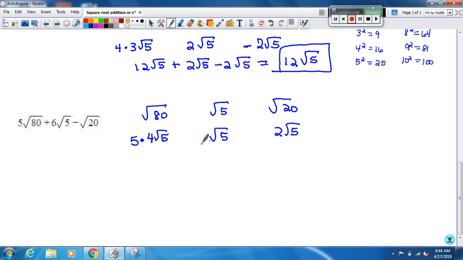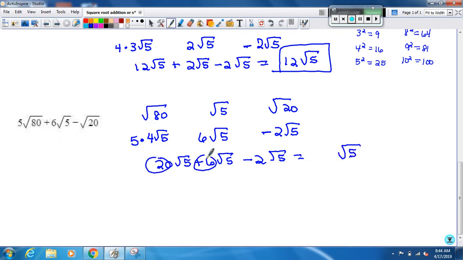The second one had a 6 in front of it. And the third one had a negative in front of it. So we've got 20 square root of 5, a positive 6 square root of 5, and a negative 2 square root of 5. So totaling up your square root of 5s, 20 plus 6 is 26, take away 2 is 24. 24 square root of 5.